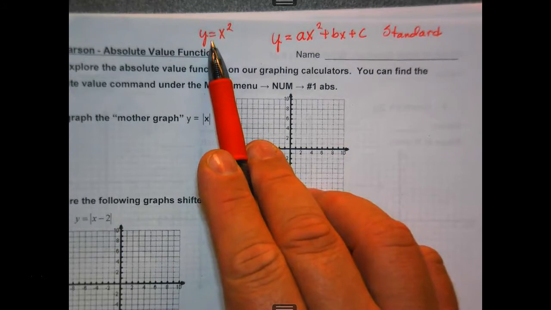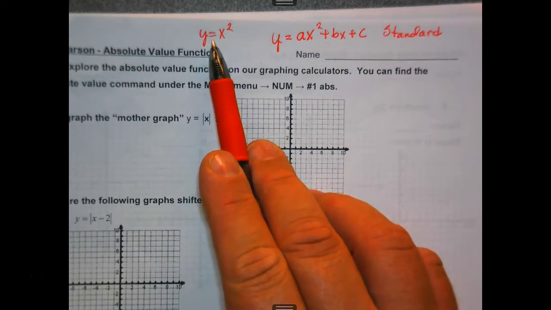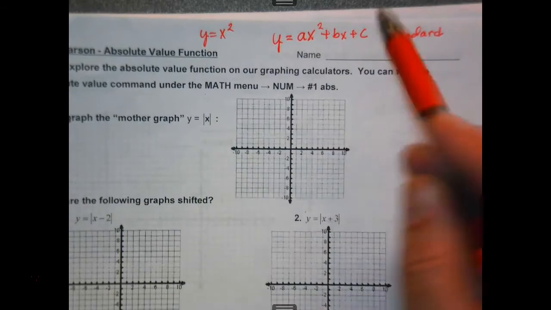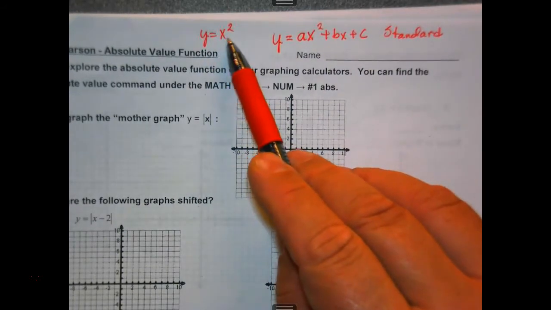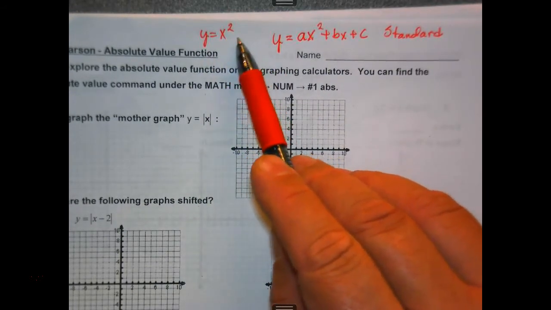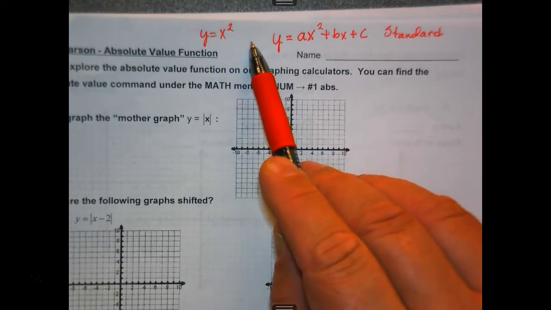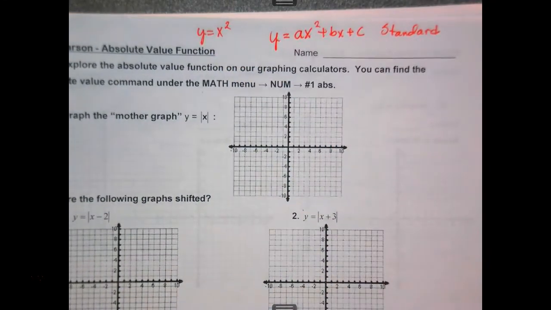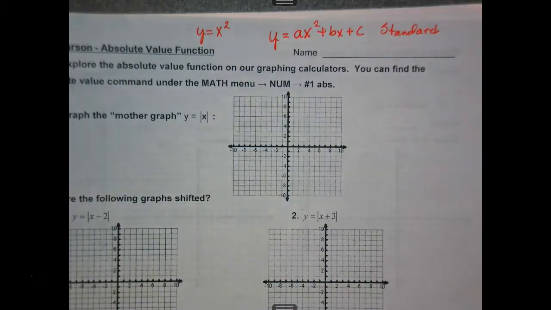Now, this is actually in standard form, y equals ax squared plus bx plus c, where b and c are going to equal 0, right? This was called the parent function, and then you decided if it shifted left, shifted right, if it flipped upside down. Those are called transformations.